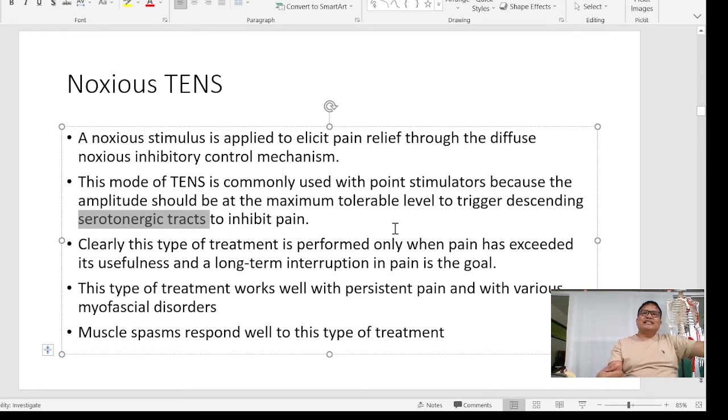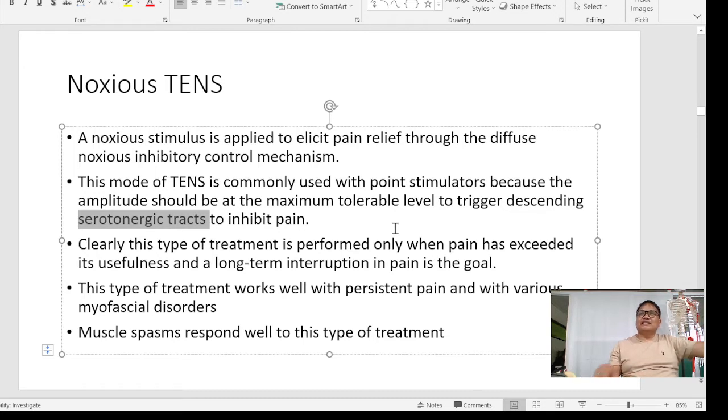Clearly, this type of treatment is performed only when pain is excessive and long-term interruption of pain is the goal. So, if the pain is very severe, it is used. This type of treatment works well with persistent pain with various myofascial disorders. Take note of that.